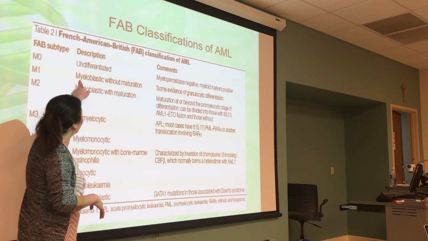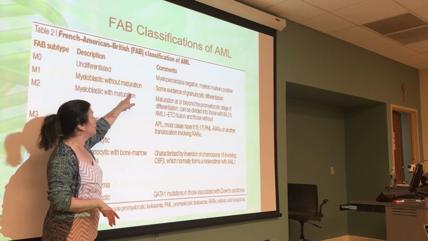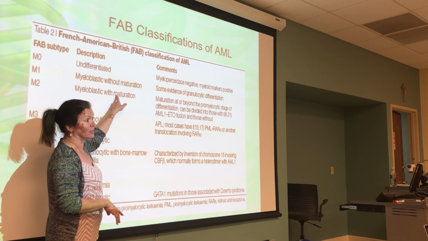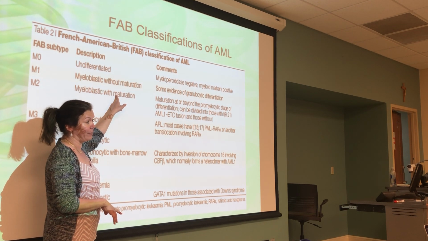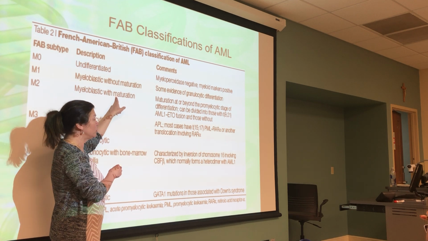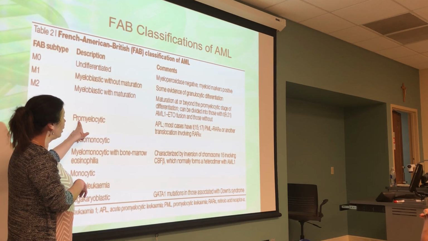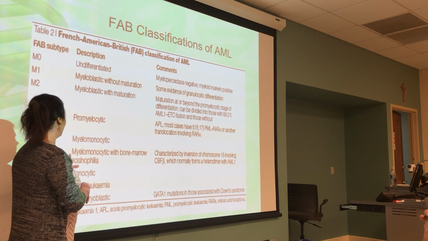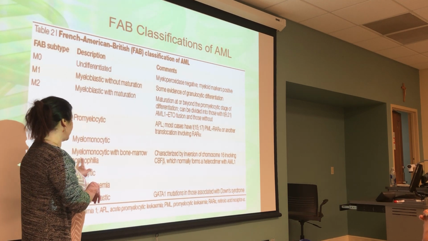Well, now it's having myeloid without maturation, myeloblastic with maturation. Most likely this is CML, because chronics tend to be more close to maturity than acute, right? Pro-myelocytic, myelomonocytic with your eosinophilia.